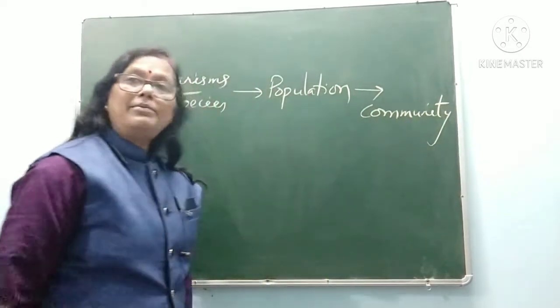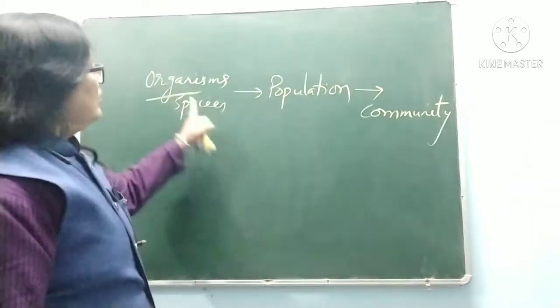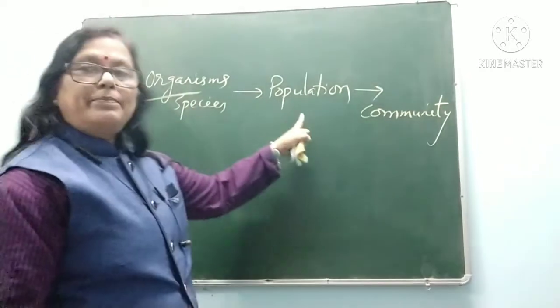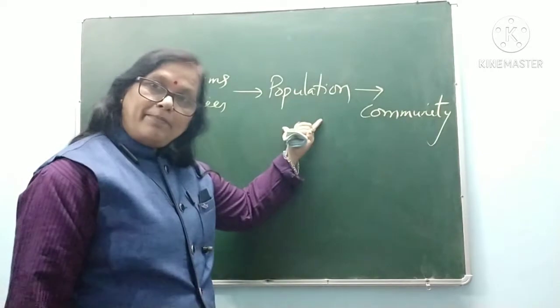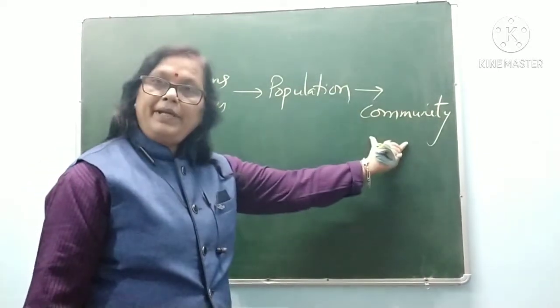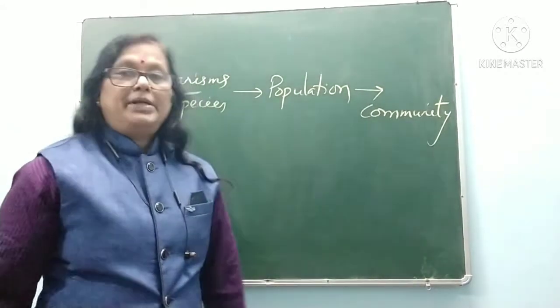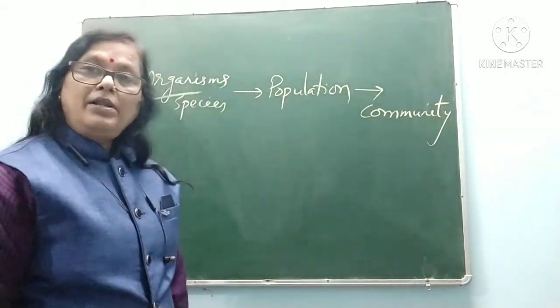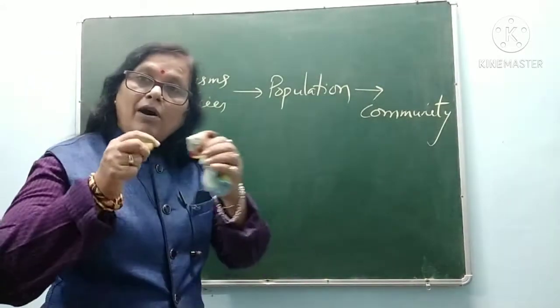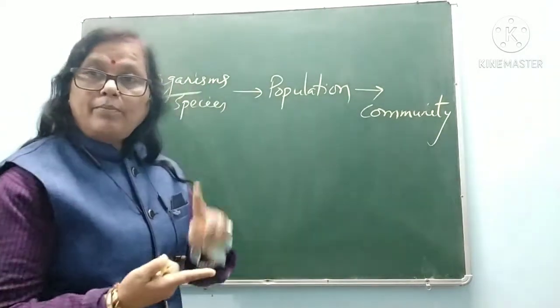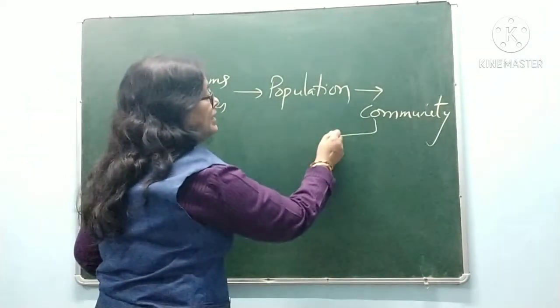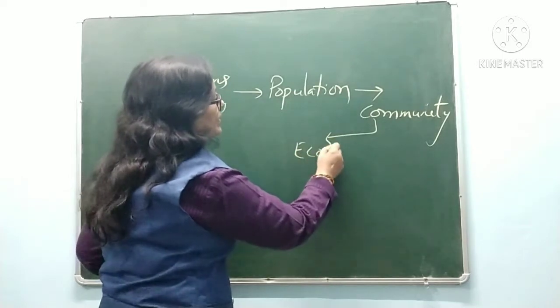Community, समुदाय बोलते हैं हिंदी में. So organisms form population and various populations form community, and in a community there are interactions between living and non-living, and it forms a system, a body which is known as ecosystem.